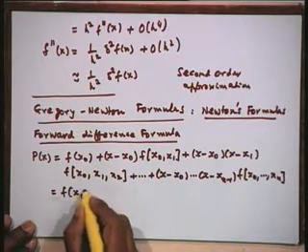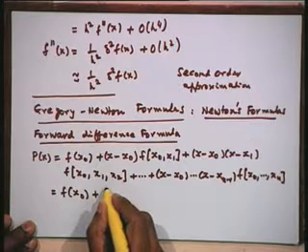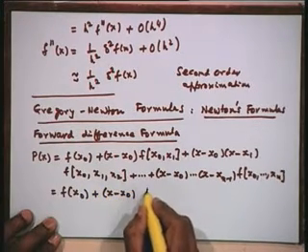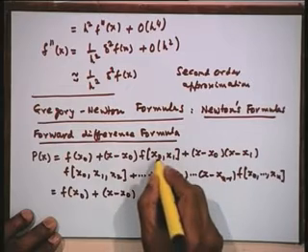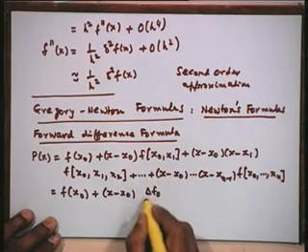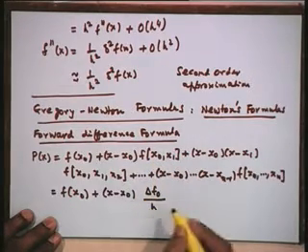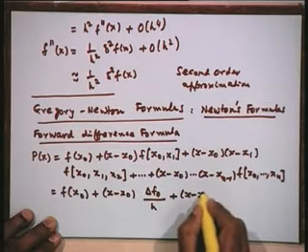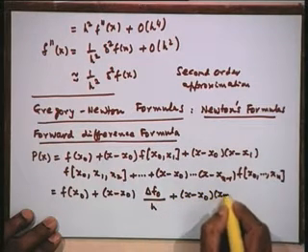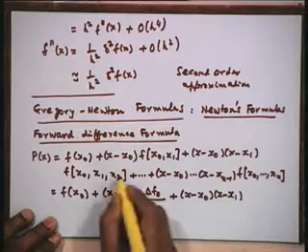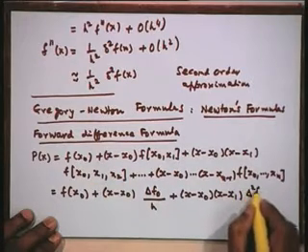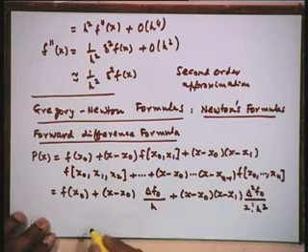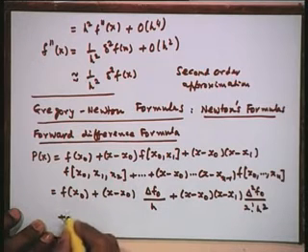So, this will be f of x naught, plus x minus x naught, this is your delta f naught. Remember, this is f[x naught, x 1]. So, it will be delta f naught by h here, plus x minus x naught, x minus x 1. This is the second forward difference, delta squared f naught by factorial 2 h squared, plus so on.